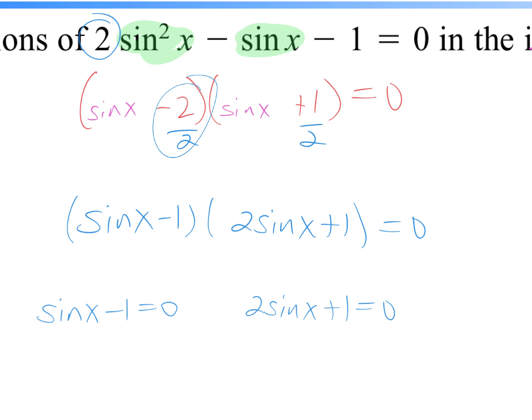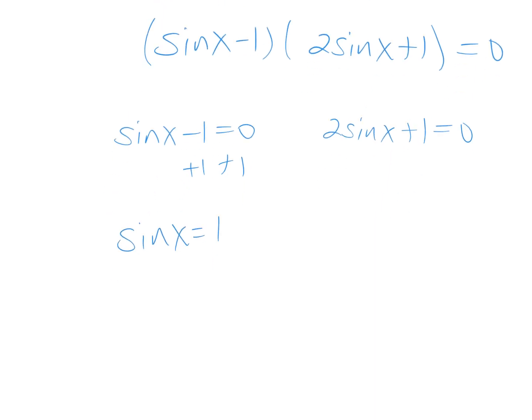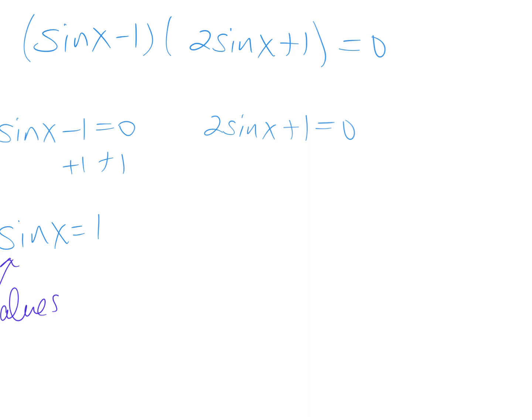Give me the 1. And then this doesn't divide pretty, so this becomes your coefficient. Oh, okay. So now, guys, we're going to add 1 to both sides. Agreed? So sine x equals 1. What is that telling me? Where is that telling me to look? Y values that equal what? 1.